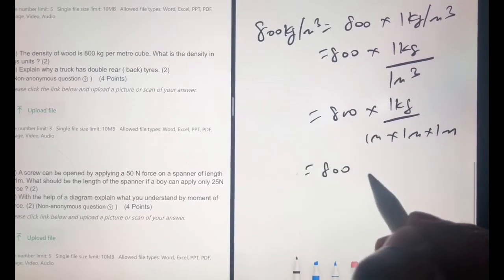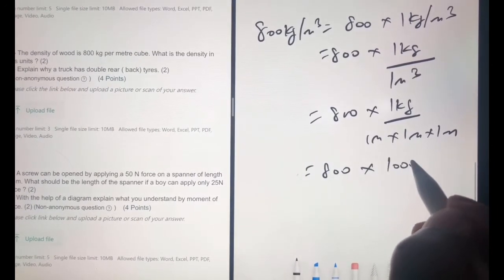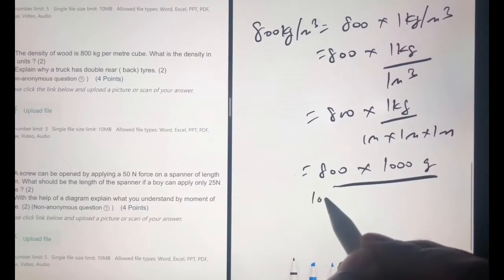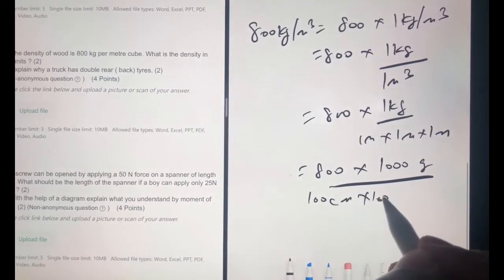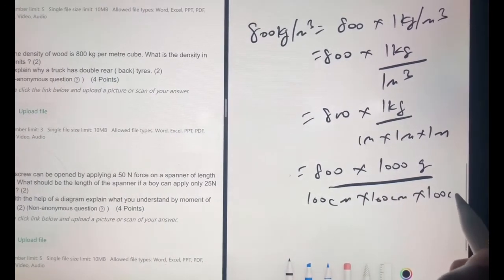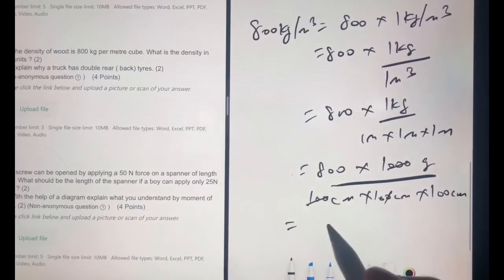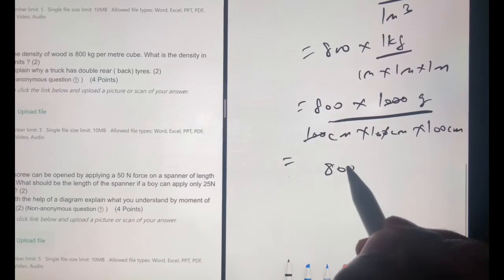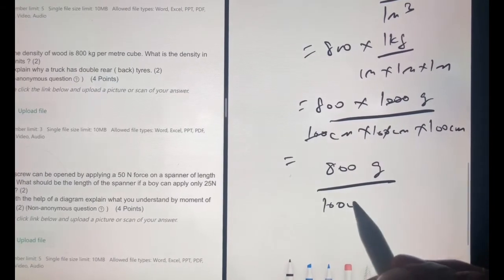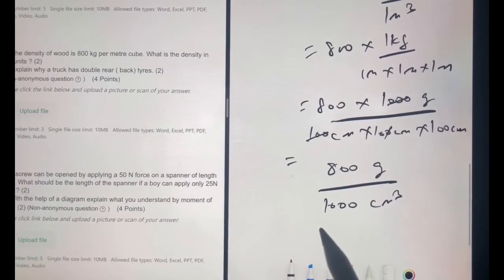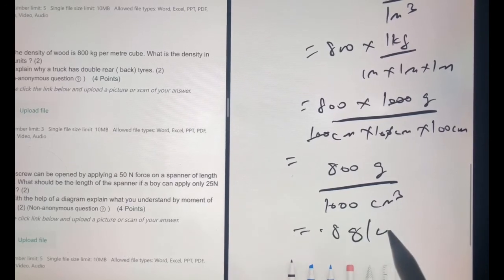So 800. Now this 1 kg is 1000 grams, and this is 100 centimeters into 100 centimeters into 100 centimeters. So that is the reason why we divide by 1000. So 0.8 grams per centimeter cube.